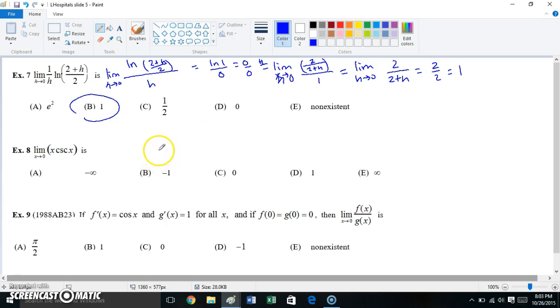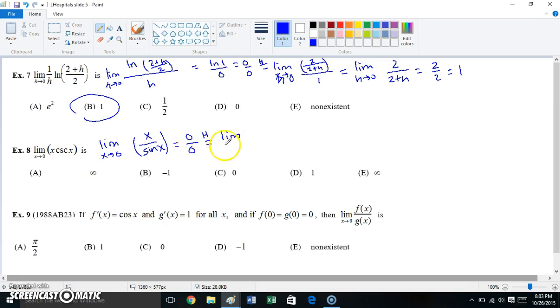All right, number 8. We have the limit of x cosecant x as x approaches 0. Remember, cosecant is the same as 1 over sine. So this is the same thing as the limit as x approaches 0 of x over the sine of x. Okay, so taking a look at that, evaluating that limit, we get 0 over 0.